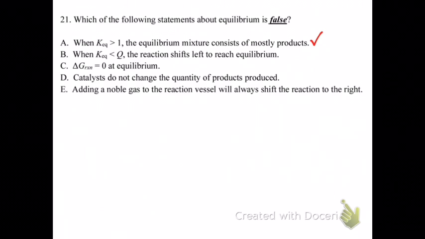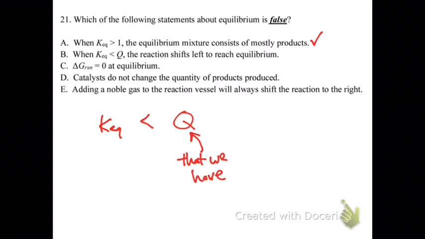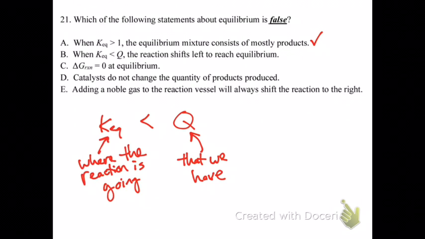Statement B, when Keq is less than Q, this says the reaction shifts left to reach equilibrium. So let's think about what this tells us. Q is the product-to-reactant ratio that we have. Keq, on the other hand, is the product-to-reactant ratio the reaction is trying to get to. So Keq is where the reaction is going.